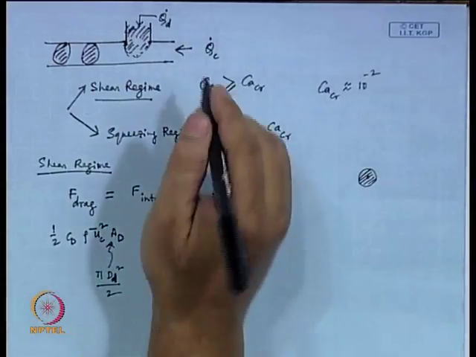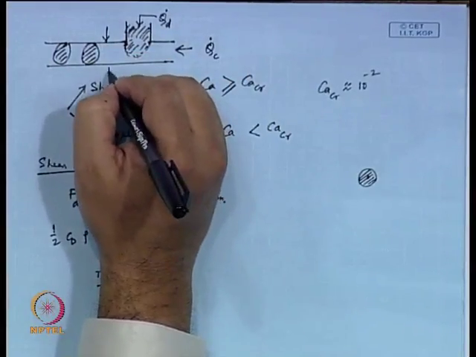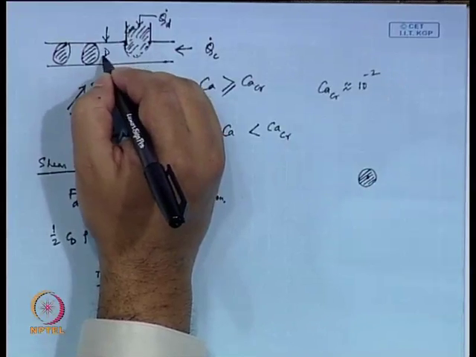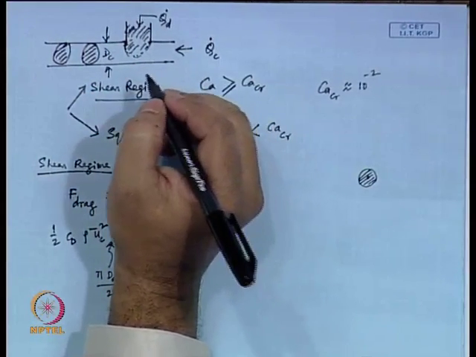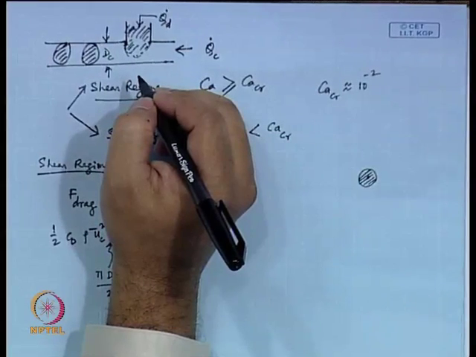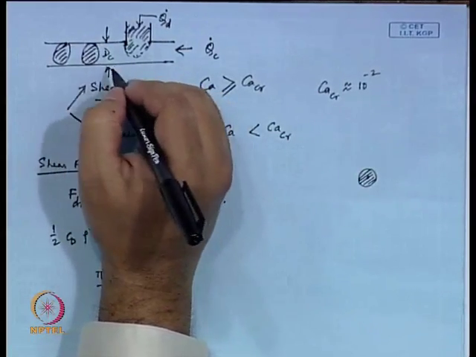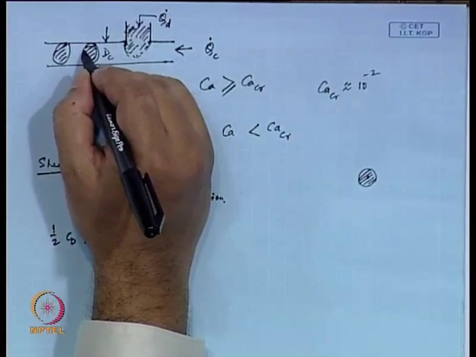Let me point out the dimensions here. I have this dimension given as DC, that is the diameter of the capillary. The diameter of the droplet does not necessarily fill the entire channel.